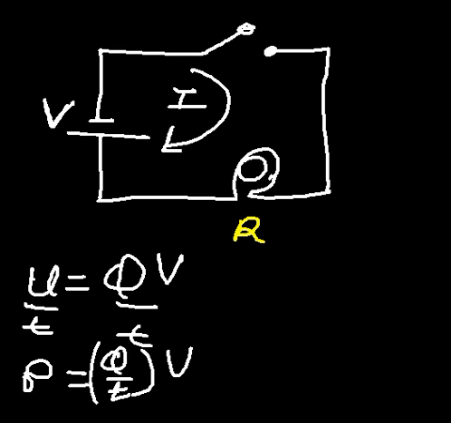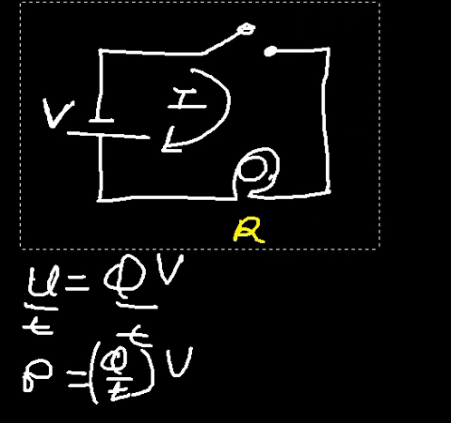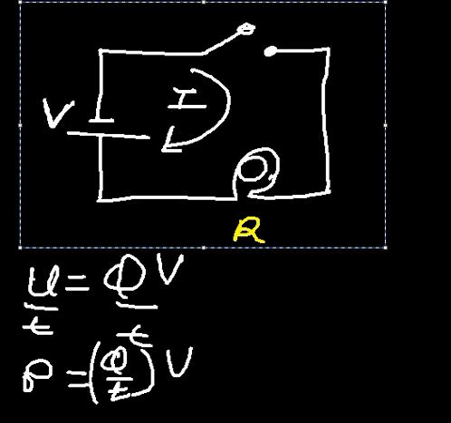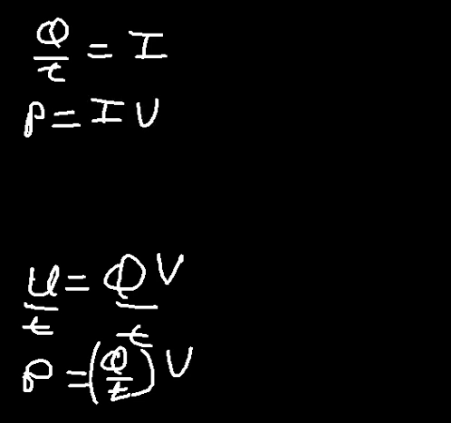From the definition of current, which is the rate of flow of charge per unit time, charge over time is the same as the current. Hence, the electric power is given as the current times the voltage.